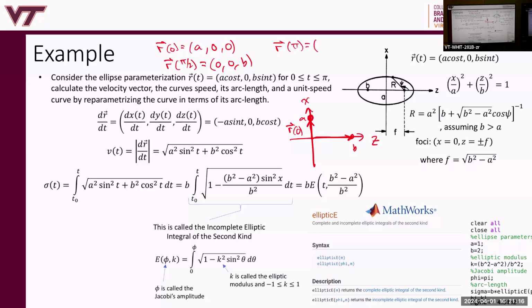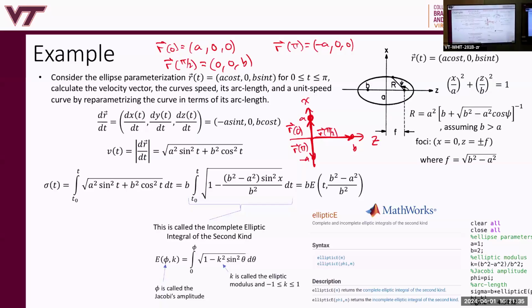That gives us cosine of pi is -1, so negative a, 0, and sine of pi is 0, right? So it's down here. This one was r of pi over 2, and here is r of pi, and this point is negative a, right? Okay, so the curve looks like this. It's the right half of an ellipse, right?